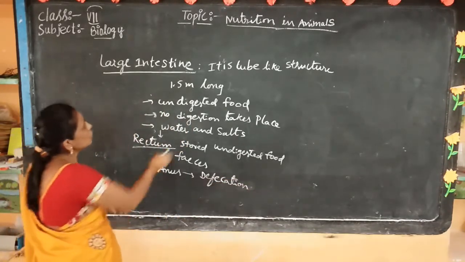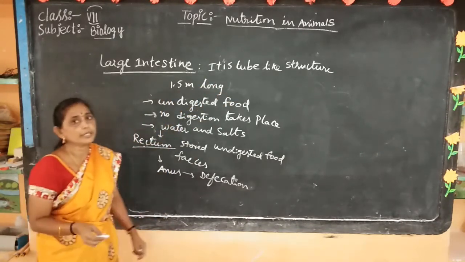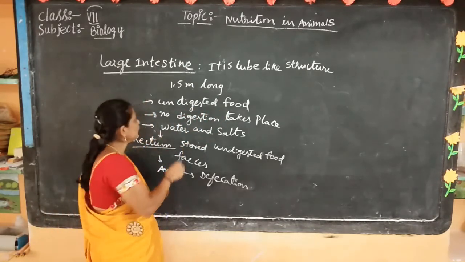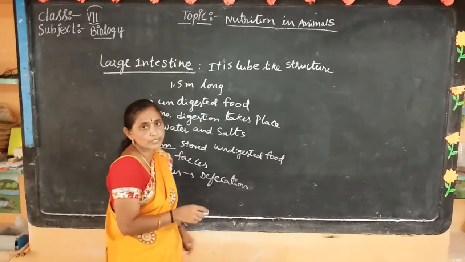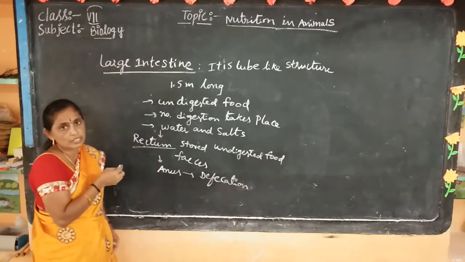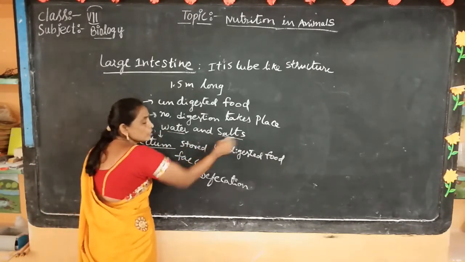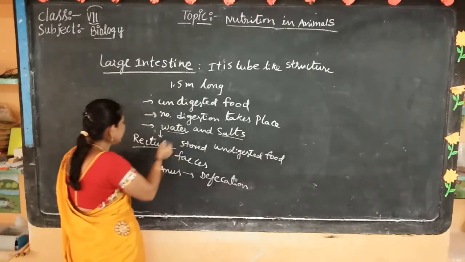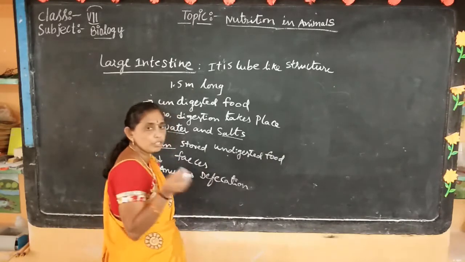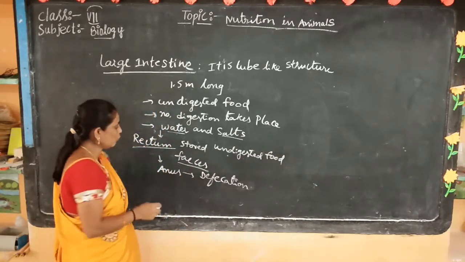The large intestine is a tube-like structure, 1.5 meters long. It contains undigested food materials. No digestion takes place in the large intestine. Necessary water and salts present in the food are reabsorbed, and then it is sent into the rectum. The rectum stores the undigested food, this solid substance called feces.